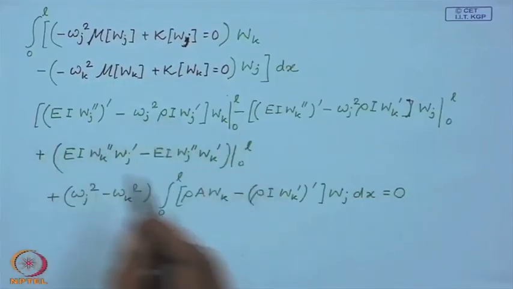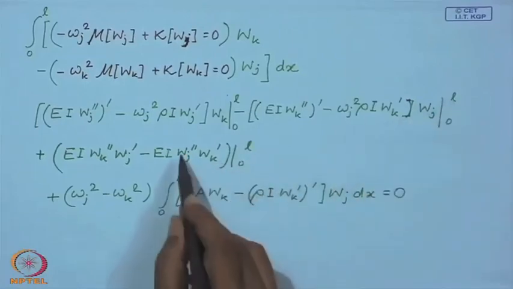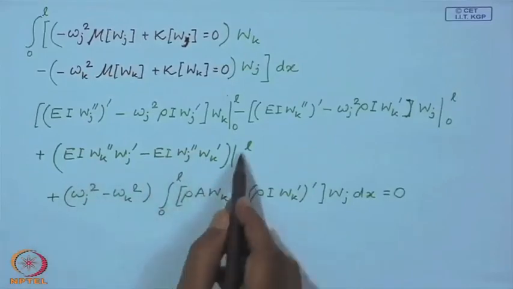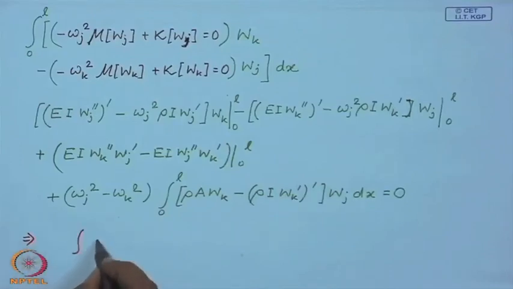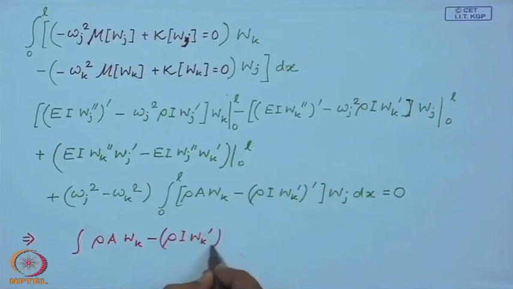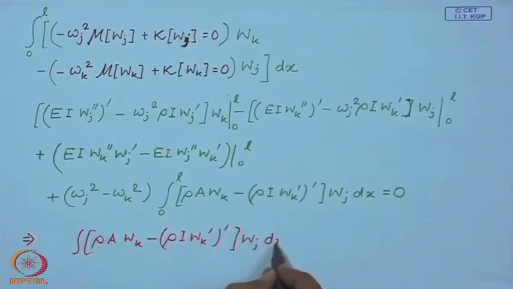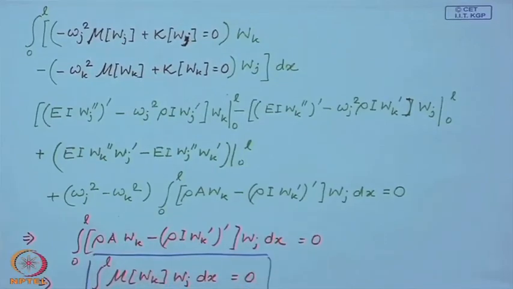Now, if you use the boundary conditions of the problem, suppose simply supported, then the displacement is going to be 0 at both 0 and L, and the bending moment is also going to be 0 at 0 and L. So, these boundary terms they all vanish if you use the boundary conditions, and what you are left with, this is the orthogonality condition for the beam.